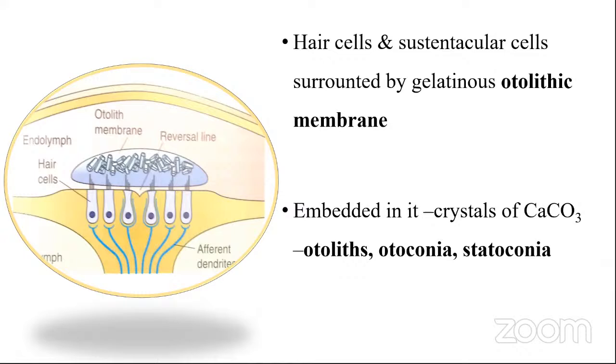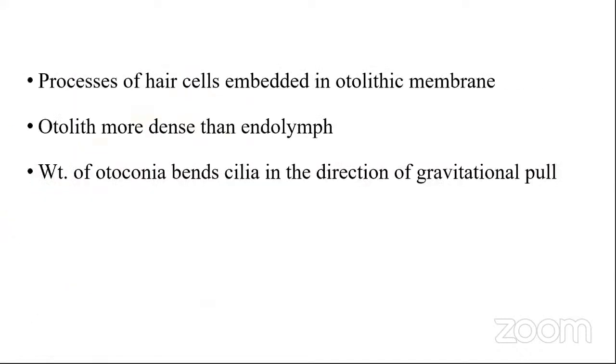The blue fibers are the afferent dendrites that are supplying the base of the hair cells. The processes of hair cells are embedded in otolithic membrane. Otolith is more dense than endolymph. The weight of otoconia bends cilia in the direction of gravitational pull.